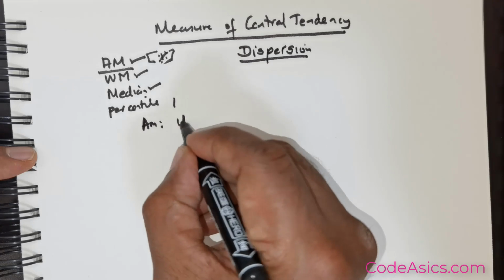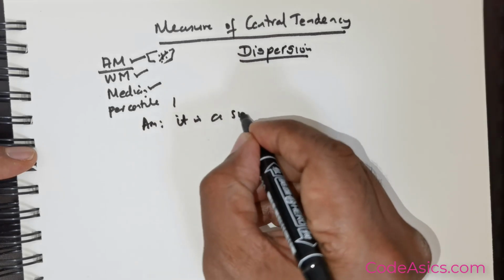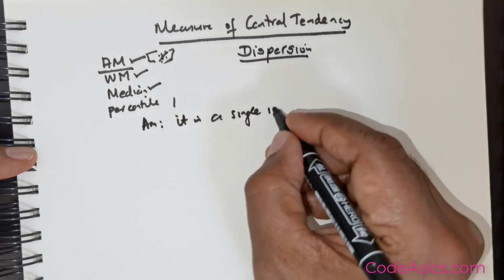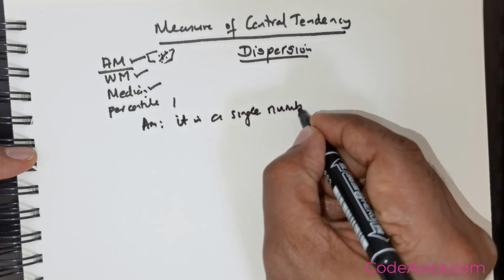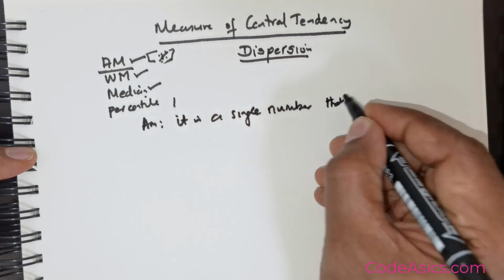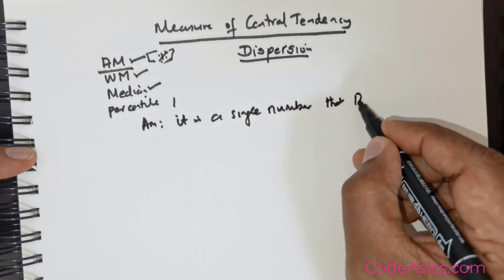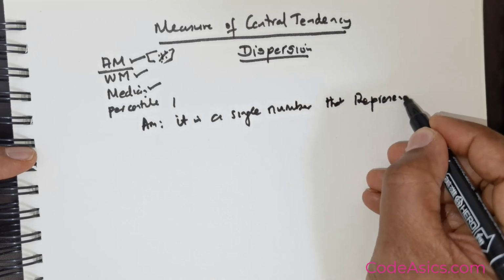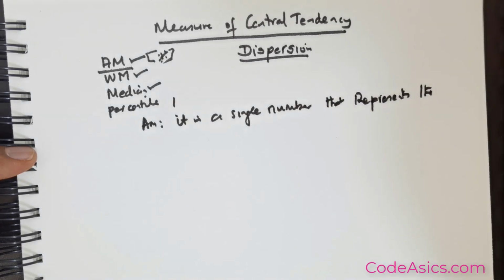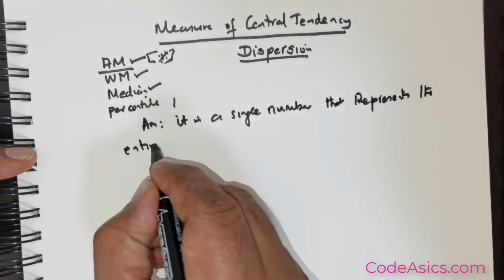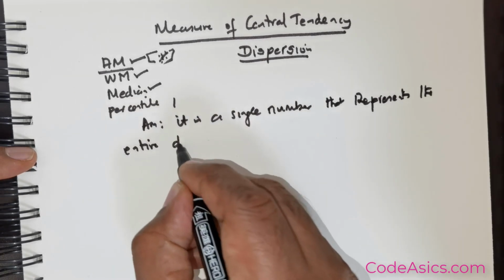So it is a single number that represents the entire data.